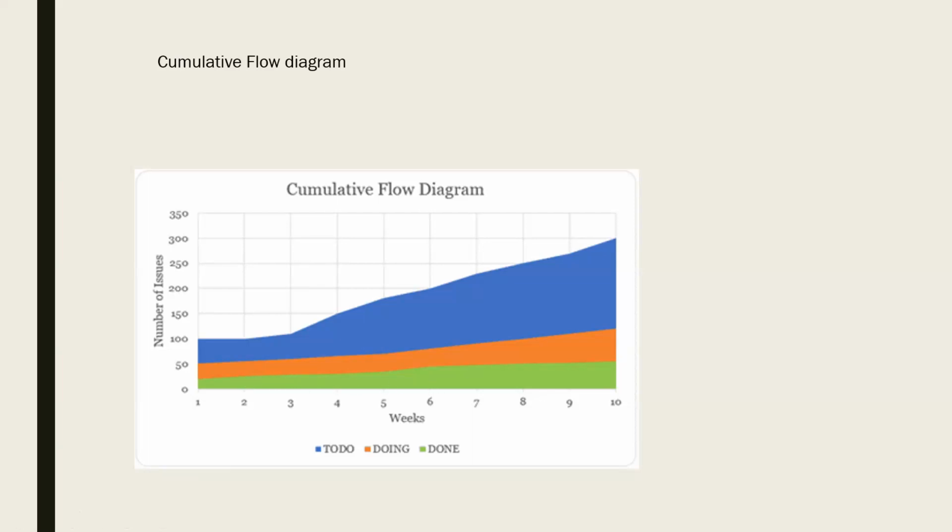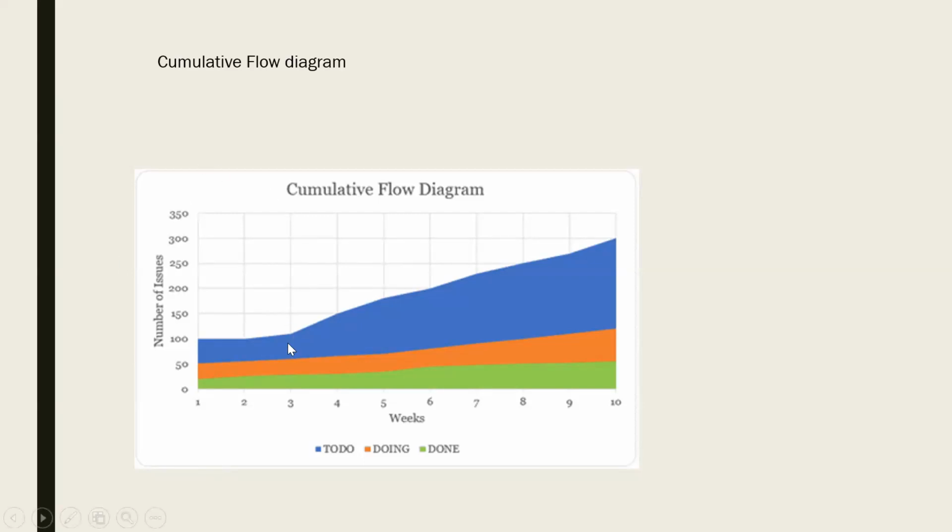CFD is just a diagram which shows what is completed, what you are doing, and what is to do. These graphs will be there in your Jira, but we don't have this here, so we are not able to show it.